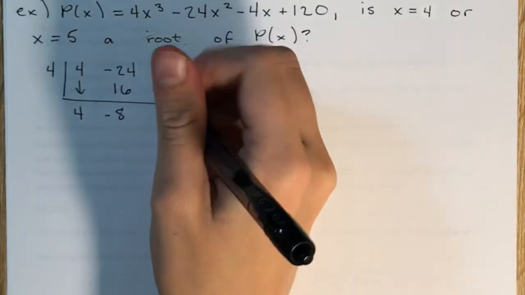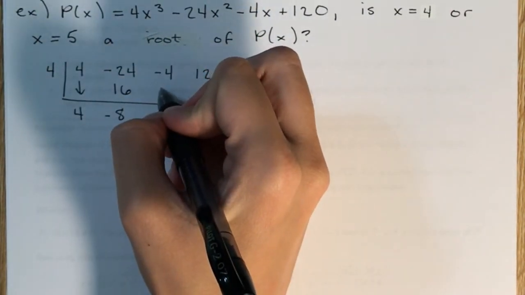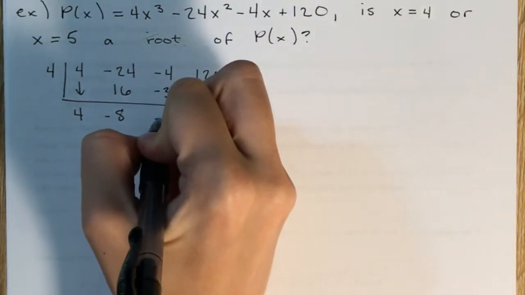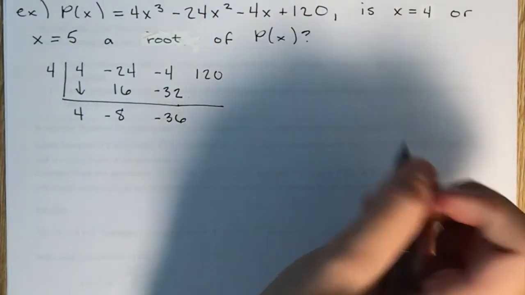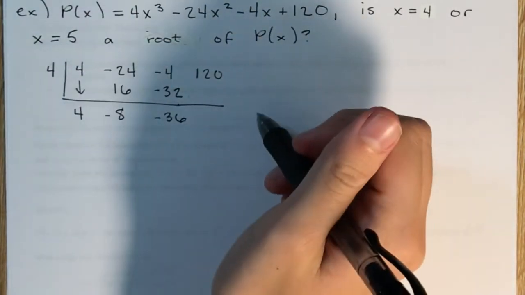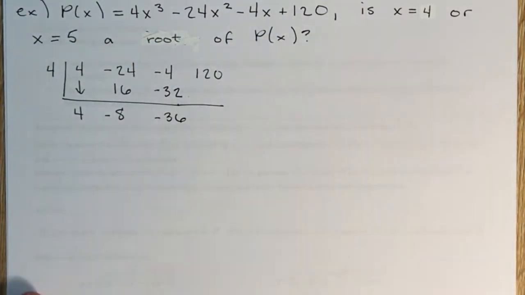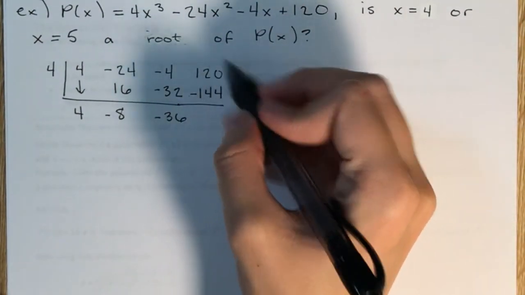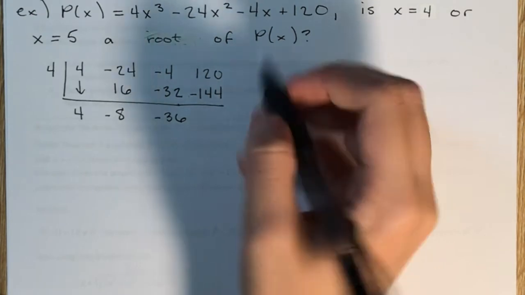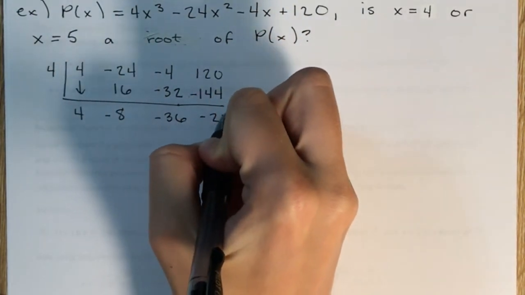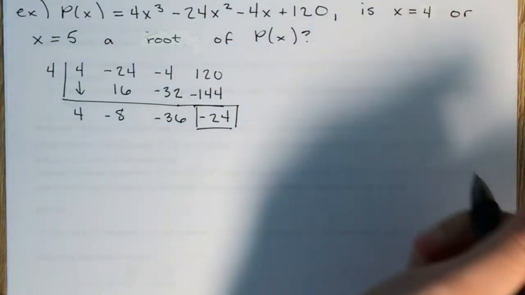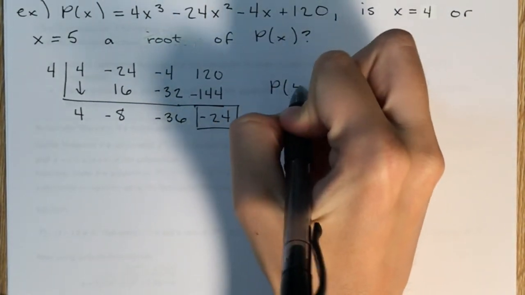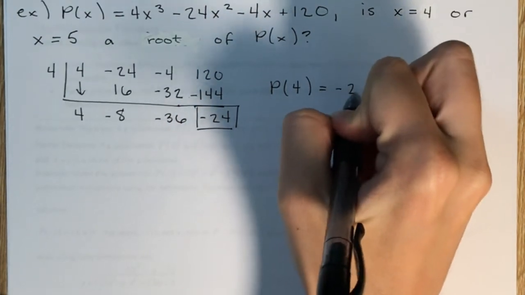Negative 8 times 4 is negative 32. We add that to negative 4, we get negative 36. Then we multiply negative 36 by 4, and we get negative 144. Then we subtract these guys. We end up with negative 24. That's our remainder.